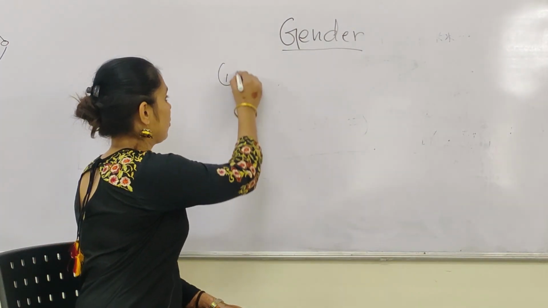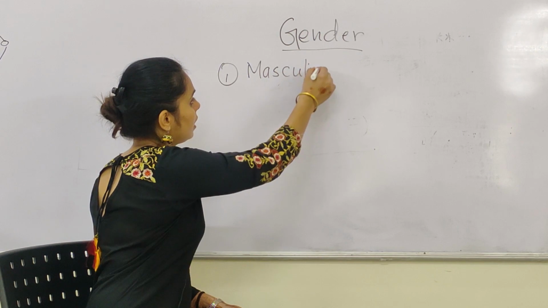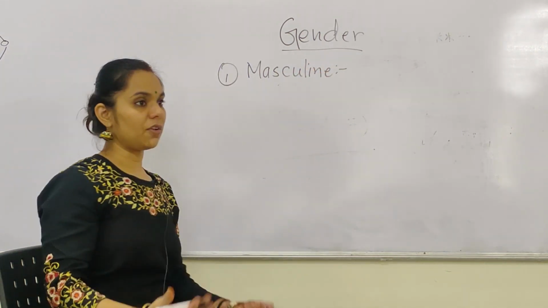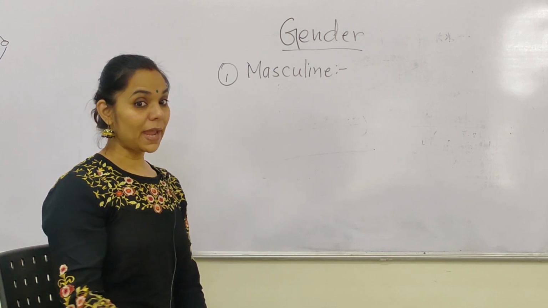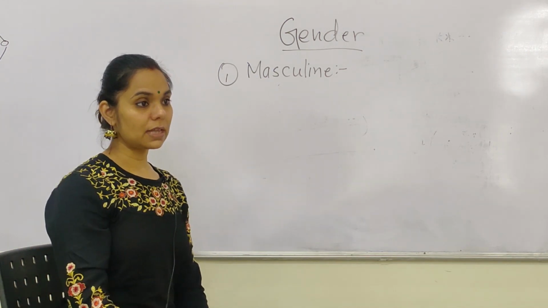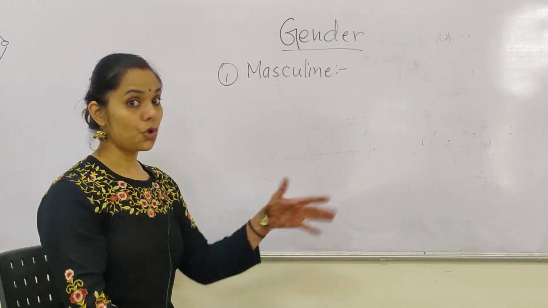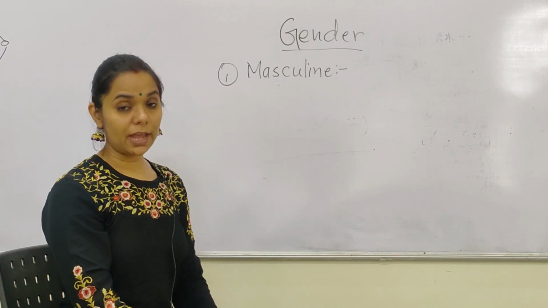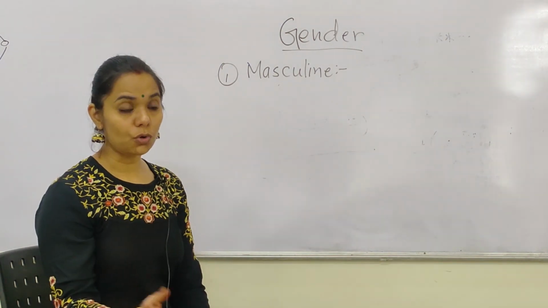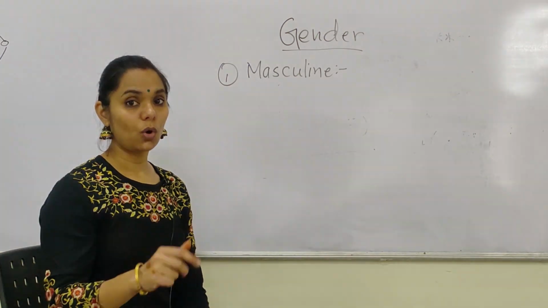The first gender is masculine gender. Now what is the meaning of masculine gender? Masculine means everything which is male. To make it easier for the students, tell them that your father is a male and that's why it is masculine. Your brother is a male, that is why it is masculine. And in the same way, there is a male part of all the living beings except trees, definitely all the creatures.